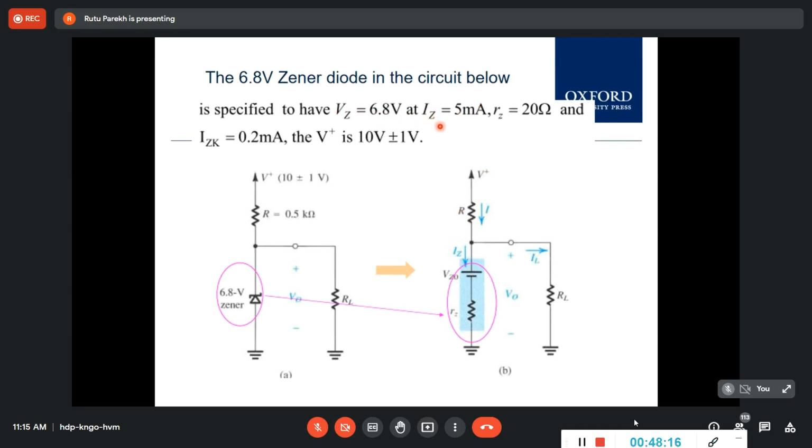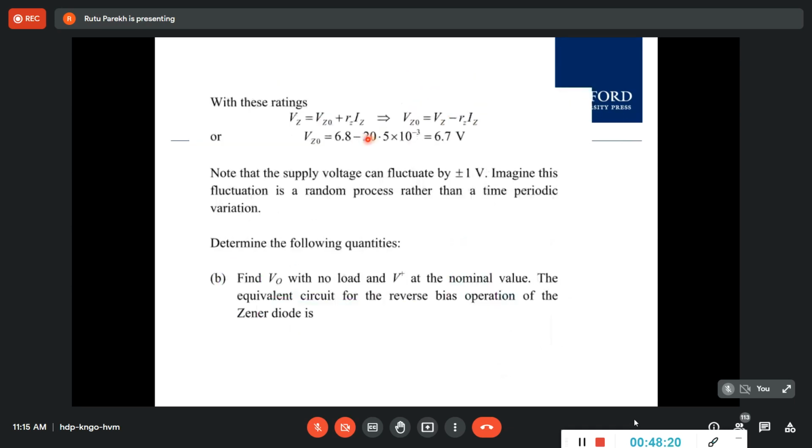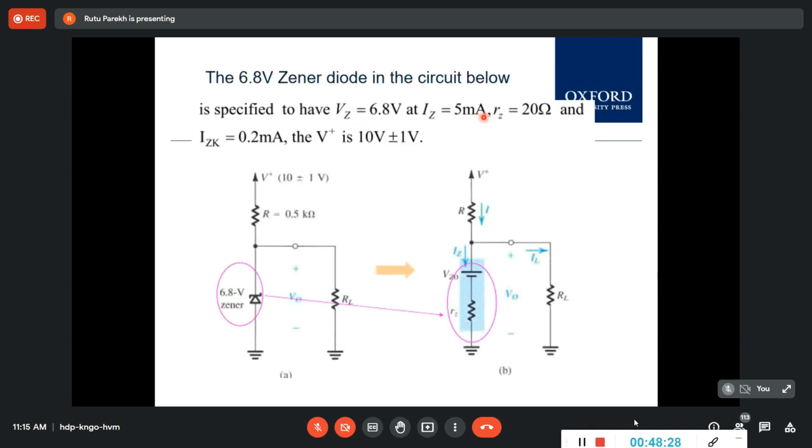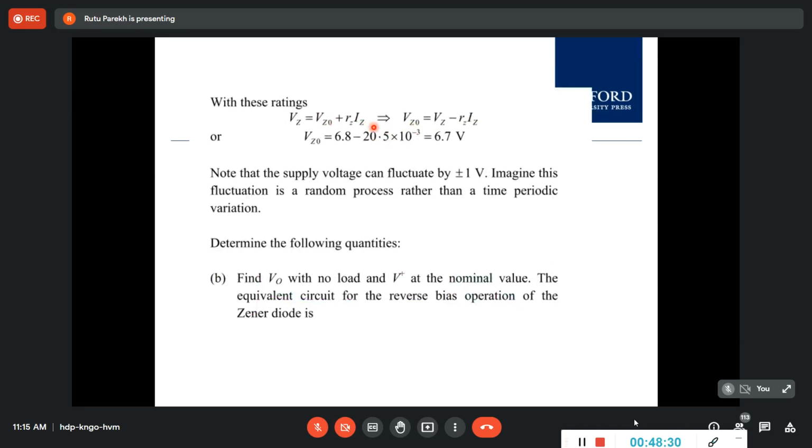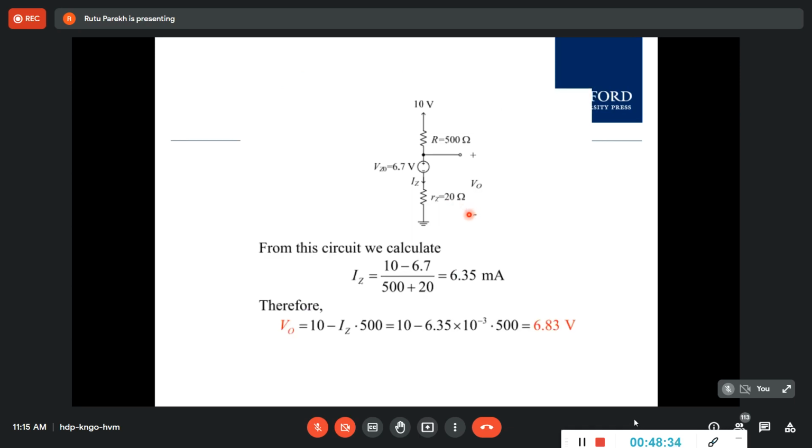So this current that you used, because this is the relation, VZ is equal to this. In this relation, this is your Zener current when it is operating. You will put this 5 milli here to get VZ0. So you got this VZ0. And now this is your circuit where you will have a current flowing.